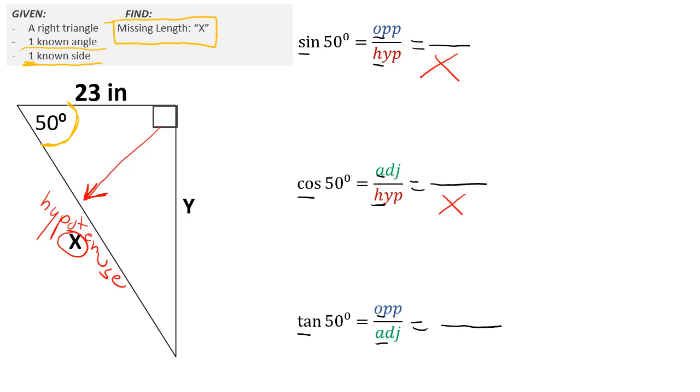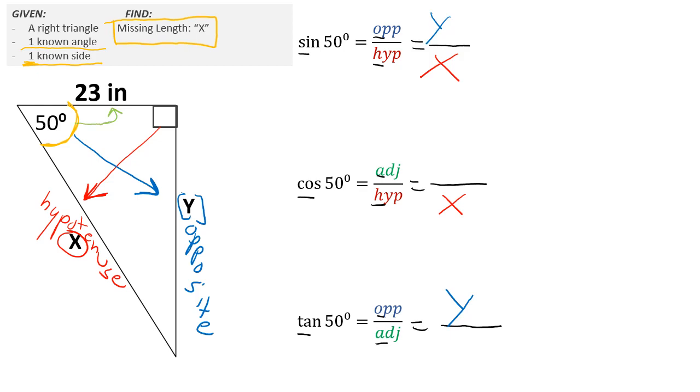Now they're asking about the sine, cosine, and tangent of 50. So I'm going to look at that 50, and what is the side opposite 50? It's that y. We don't know what y is, but that's okay. We just put that right in there. Adjacent to 50, 50's next door neighbor, is going to be that 23 right there.